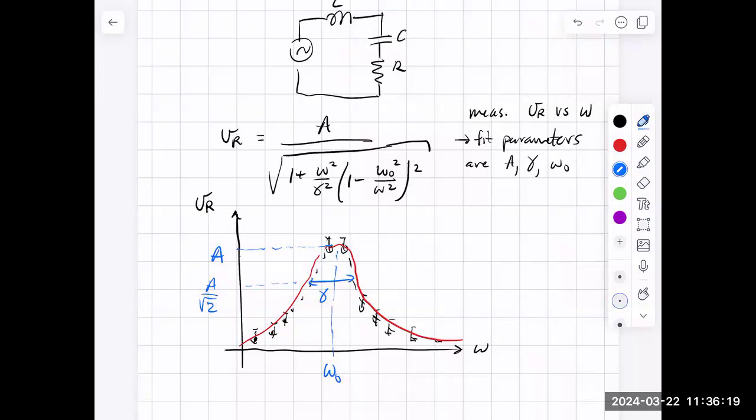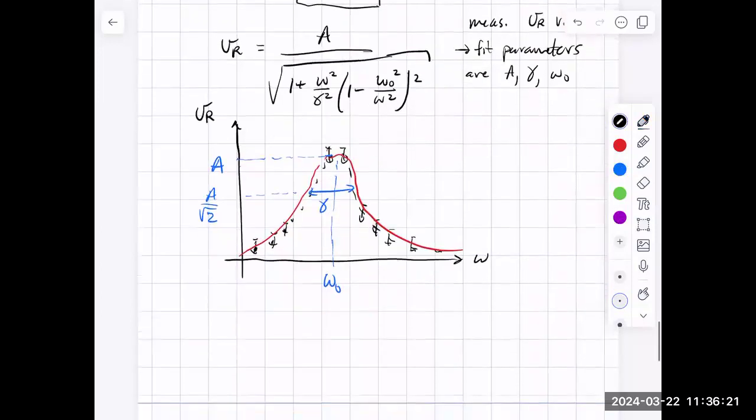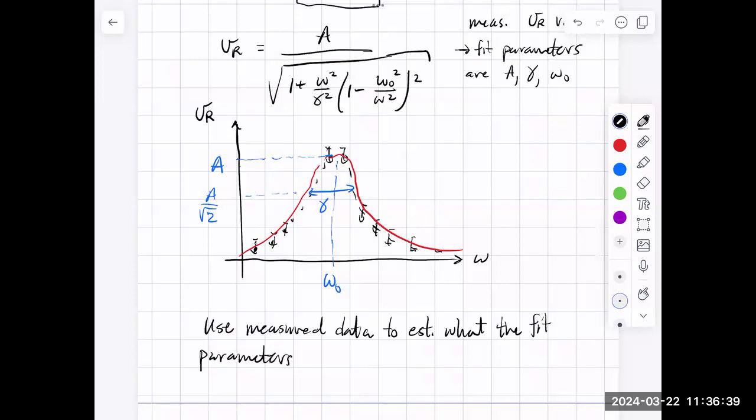Okay. So anyways, the whole point of this was to use the measured data to estimate what the fit parameters are likely to be.